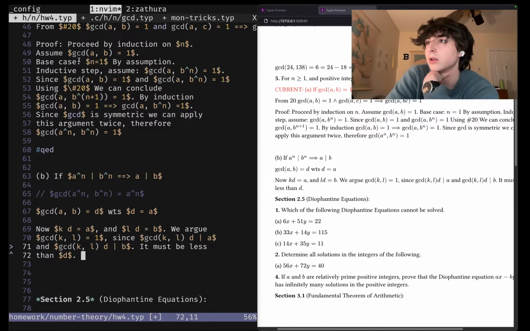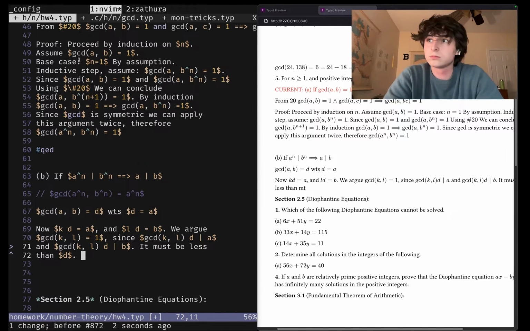Let me think. I'm thinking of this as we go, but now we have a pair of numbers, namely K and L, that we might apply the previous exercise to. So this was just so we can apply the results from the previous exercise. So now we can conclude that the GCD of K to the N and L to the N should also be equal to 1.